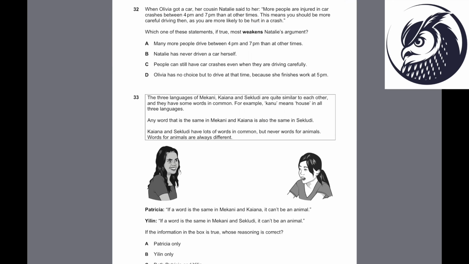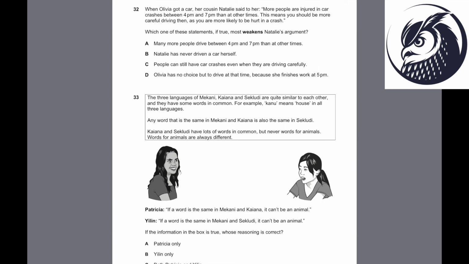So again, the same approach, we should try and summarize Natalie's argument. And basically she's saying that because there's more injuries from crashes between 4 to 7, you should be more careful during that time period.